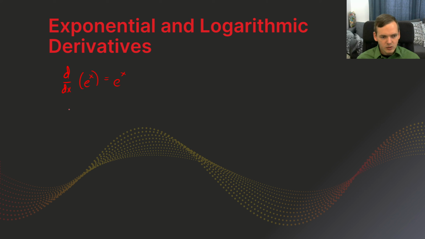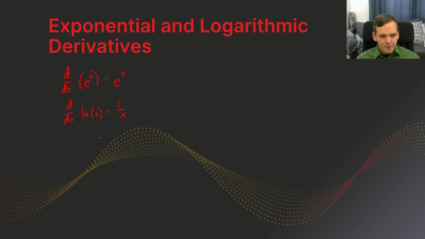Next, we have the natural logarithm, so d by dx of ln of x is going to be 1 over x. And again, that's why e and ln are what they are, because they have these interesting, unique, clean properties.